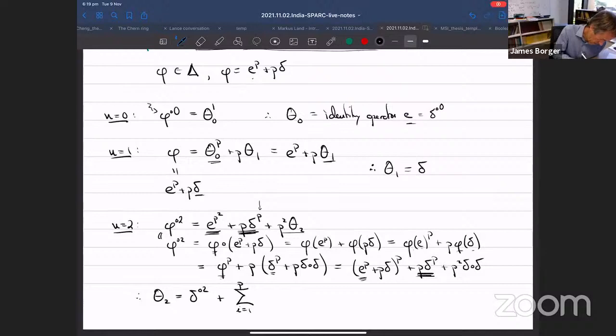And what do we get? We get p choose I, e to the p I times p delta to the power p minus I. And then we have a p to the minus 2.